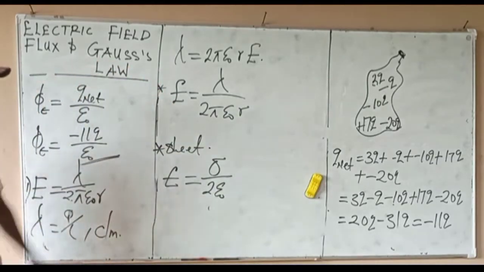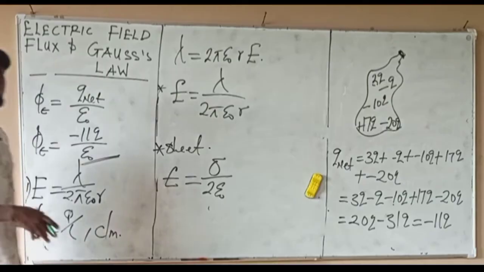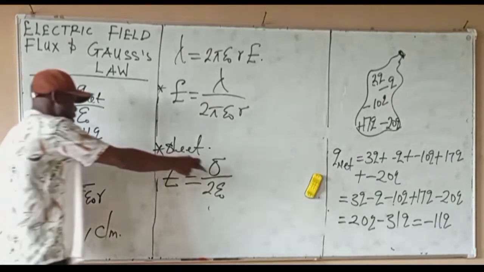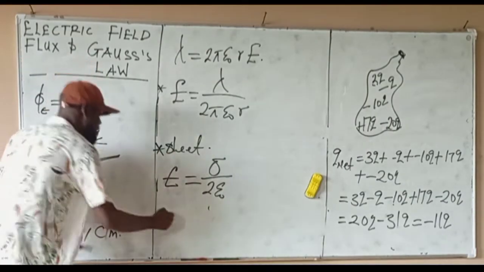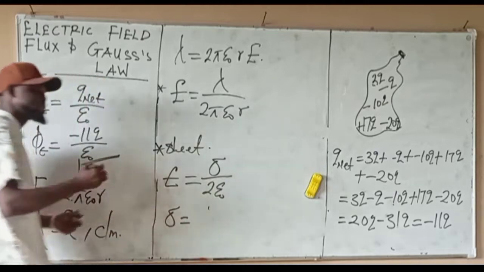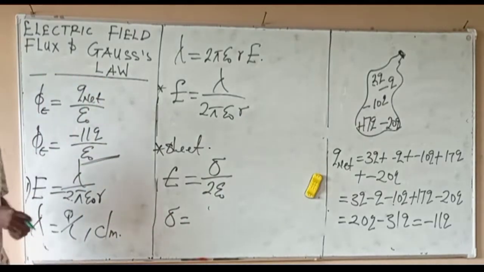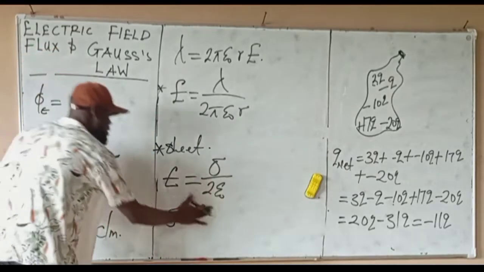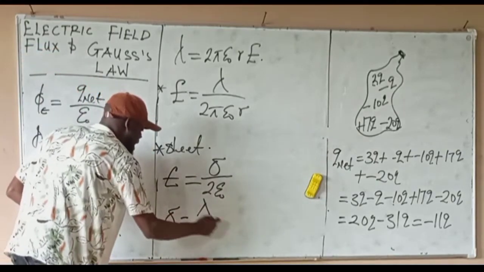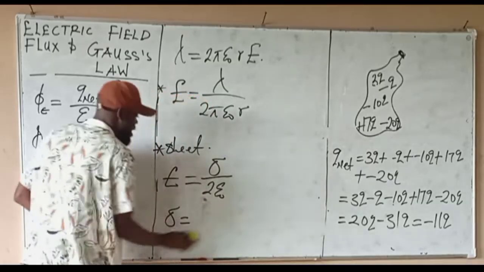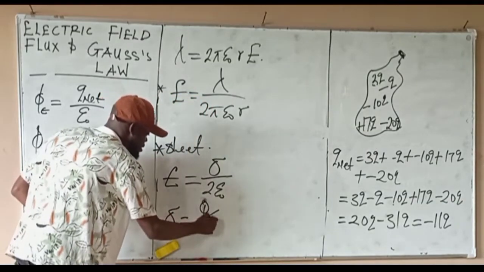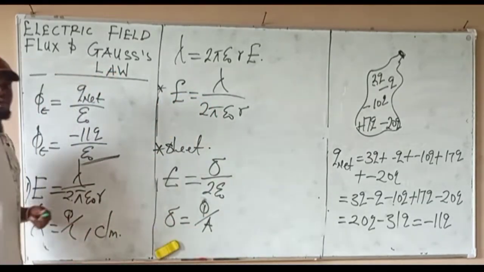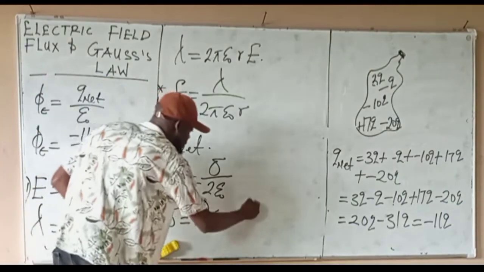Here, sigma denotes a new quantity that we call area charge density, which some people call surface charge density. It is defined as charge over the area of the surface, and the unit is coulomb per meter squared.